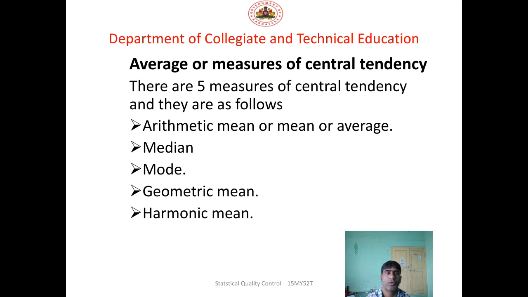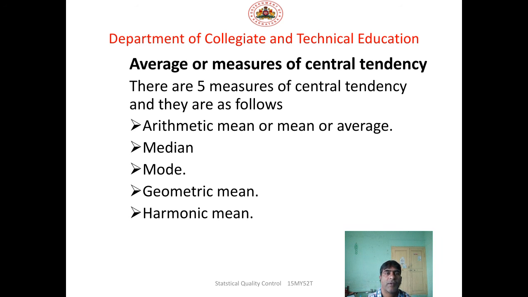Next, moving on to the next part, average or measures of central tendency. So see here, we are having measures of central tendency. There are 5 measures of central tendency in statistical quality control. Which are those?